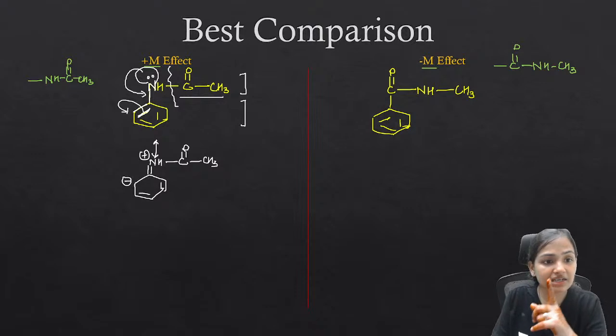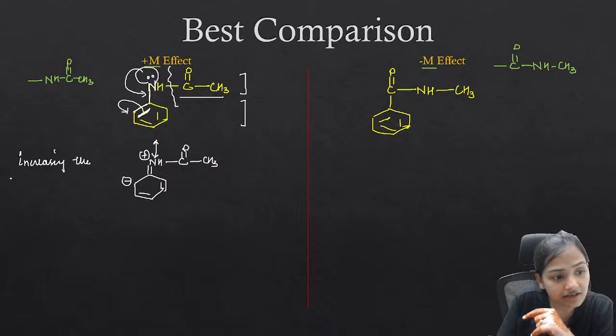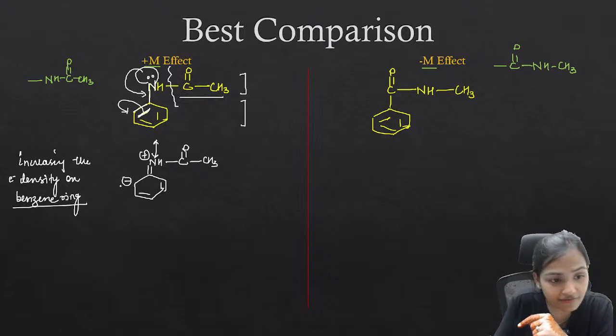So ultimately what is this group doing? This group is increasing the electron density on the benzene ring. At what positions? Of course, this will go there, this will go there at this position, and this will go there at this position.